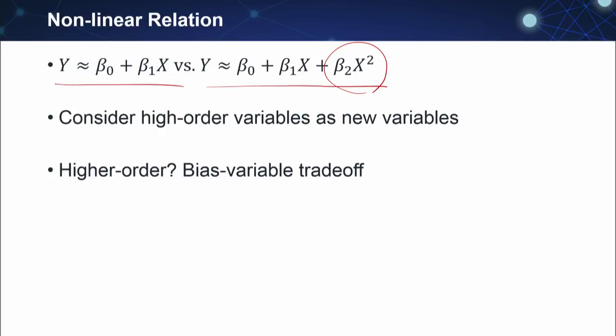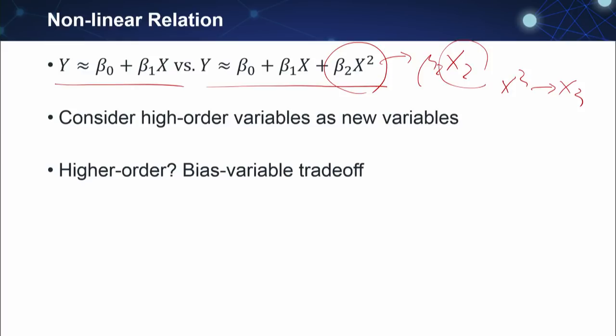These new high order terms can be considered as new variables. In other words, x square can be considered as a new variable x2, or x cubic can be considered as a new variable x3. Then everything else is the same.